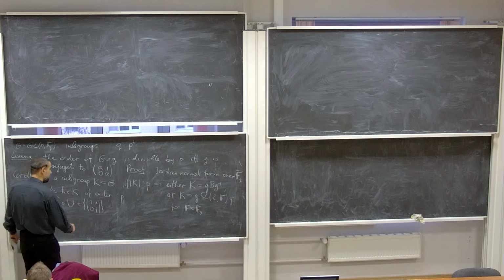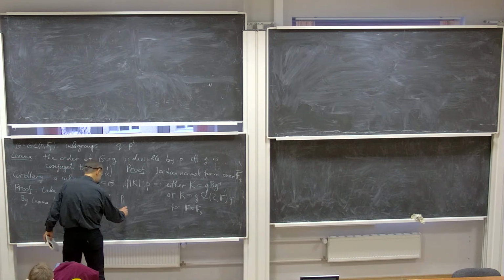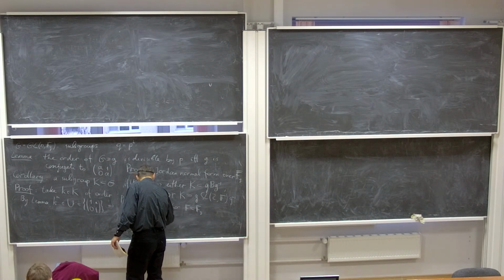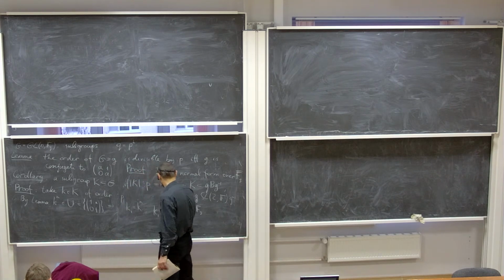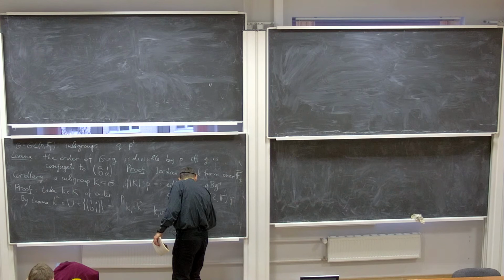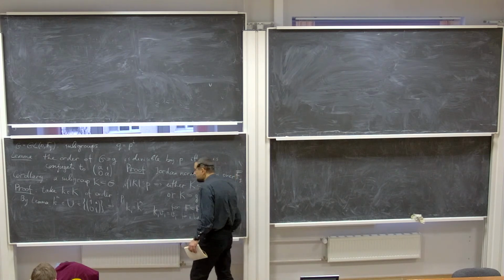Okay, and so there is an eigenvector with eigenvalue 1. Let's say k1 equals k to the power m, and k1 v1 is v1 for a basis element v1 in the two-dimensional space.